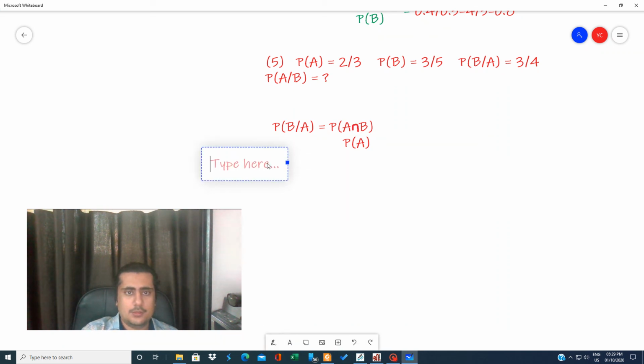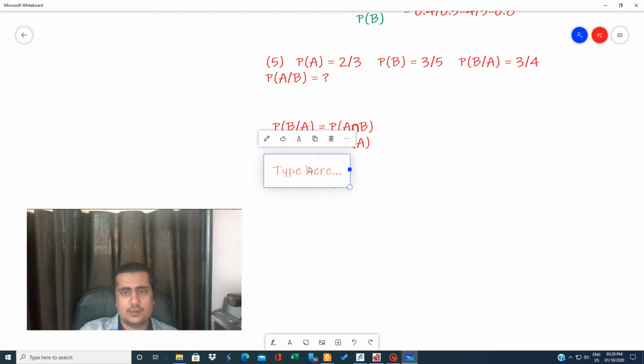Now what is this B upon A? B upon A is 3 by 4, equal to P of A intersection B upon P of A. This P of A intersection B you don't have in the question, so we'll be finding it.